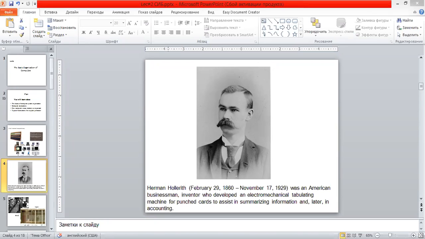Herman Hollerith was an American businessman and inventor who developed an electromechanical tabulating machine for punched cards. Punched cards, or perforated cardboard, assisted in summarizing information and later in accounting.